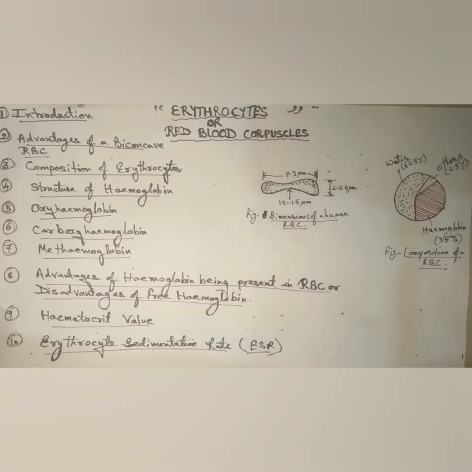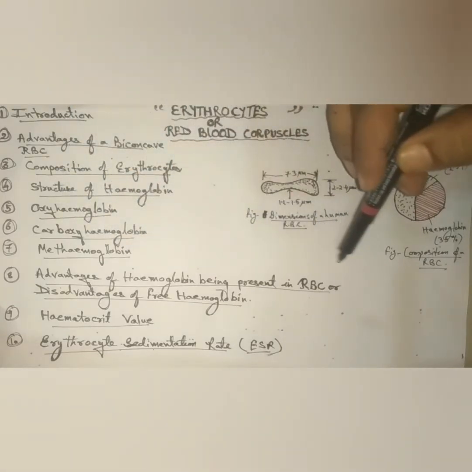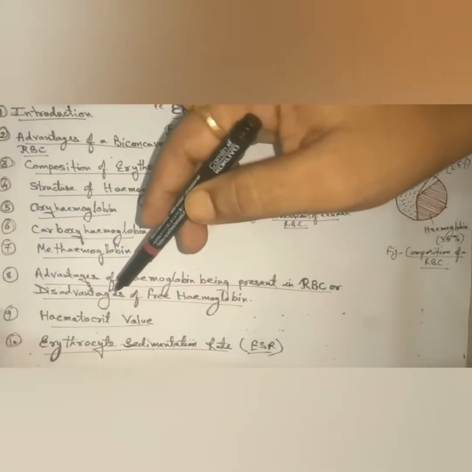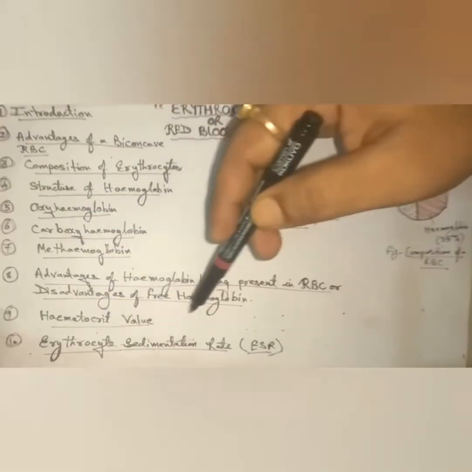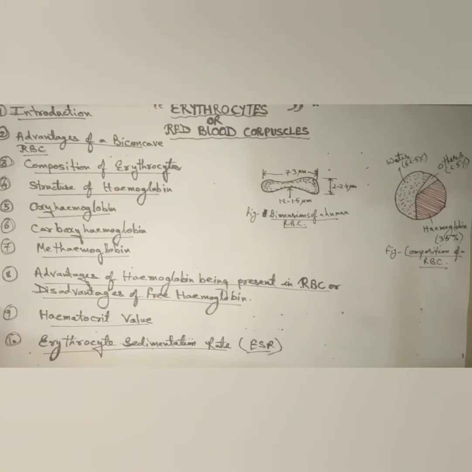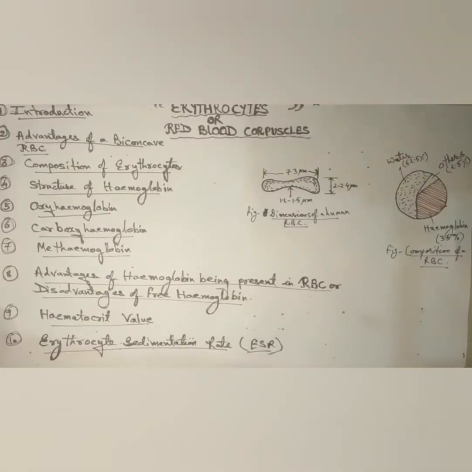In this, we will discuss introduction, advantage of a biconcave RBC, composition of erythrocytes, structure of hemoglobin, oxyhemoglobin, carboxyhemoglobin, methemoglobin, advantage of hemoglobin being present in RBC or disadvantage of free hemoglobin, hematocrit value, and erythrocyte sedimentation rate, ESR. So we will start.